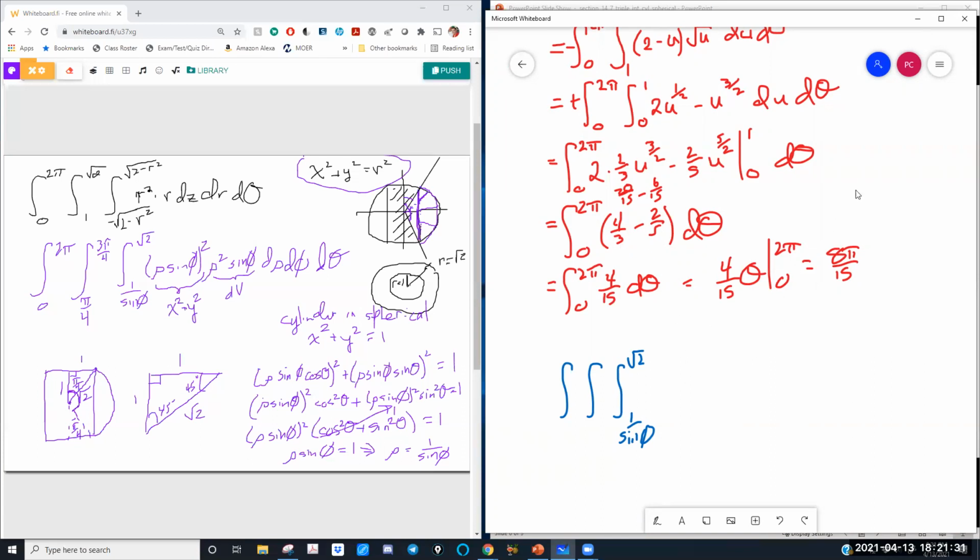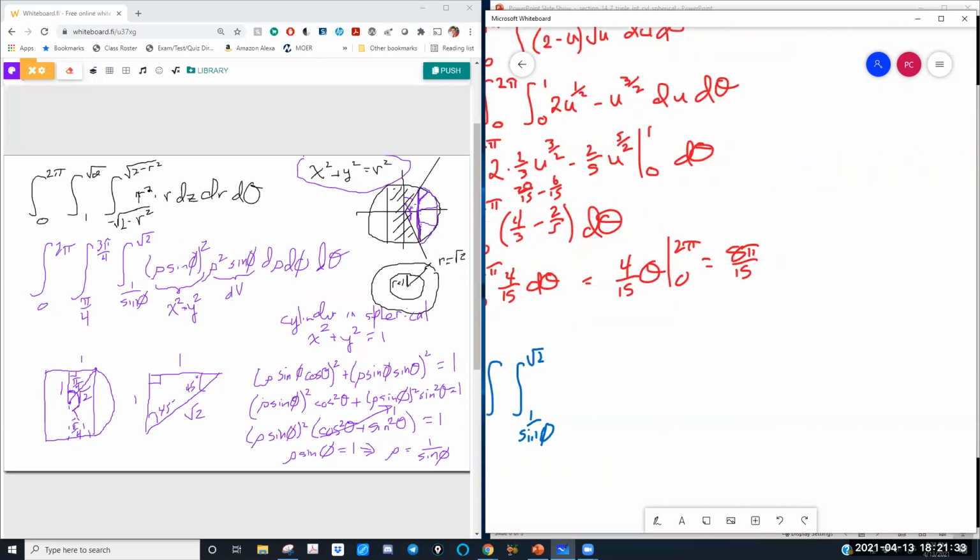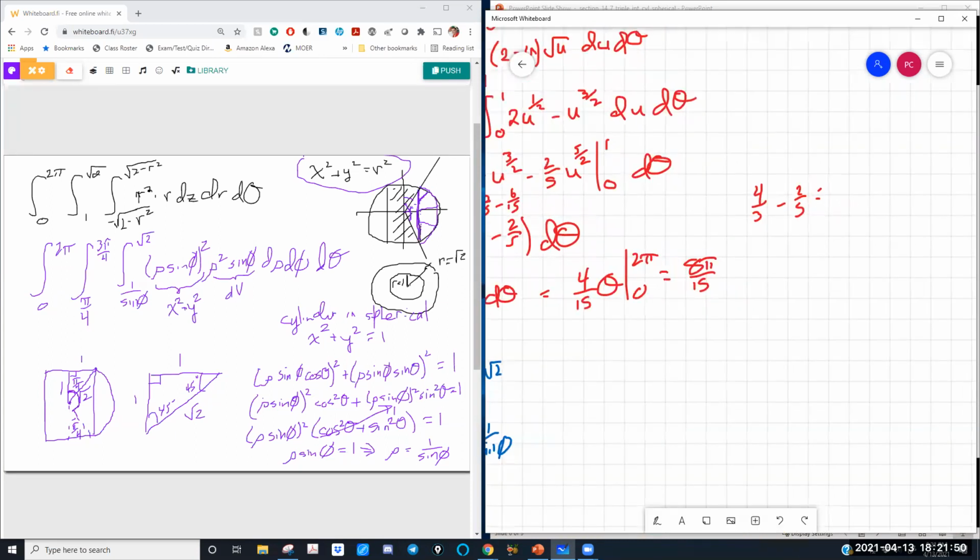So if we do 4/3, let's just go through this, make sure everything looks good. So we had to do the 4/3 minus 2/5. Every whiteboard works different.